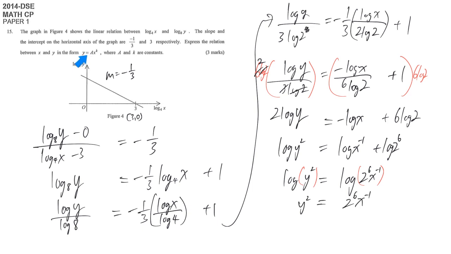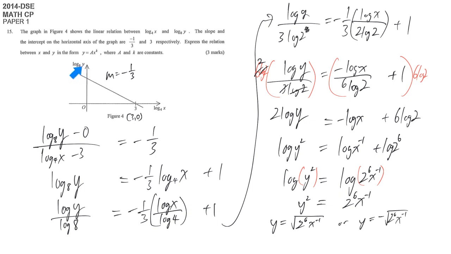To finalize our answer, we need to express y in this format but not y squared. So what I have to do next is to take the square root. y is equal to the square root of 2 to the power 6 x to the power negative 1, or y is equal to negative square root of 2 to the power 6 x to the power negative 1.